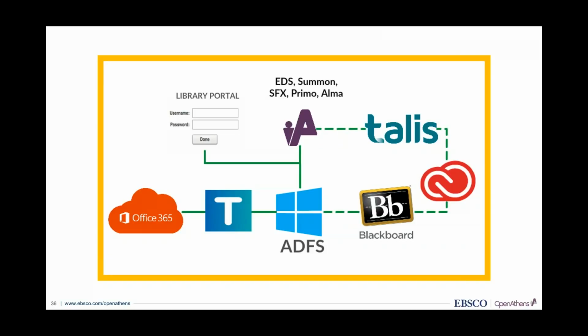Here's an implementation question. We provide our various vendors with our IP ranges for access purposes. If we were to switch to OpenAthens, would we have to let all our various vendors know, and what would we have to let them know? Okay. So you have two choices there.